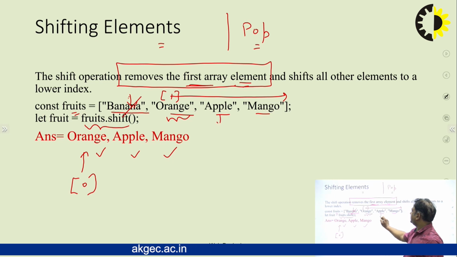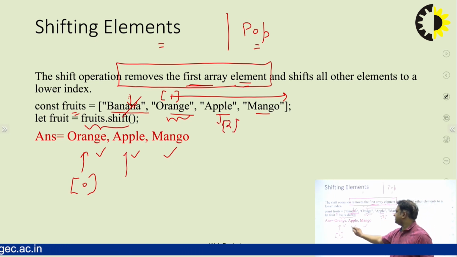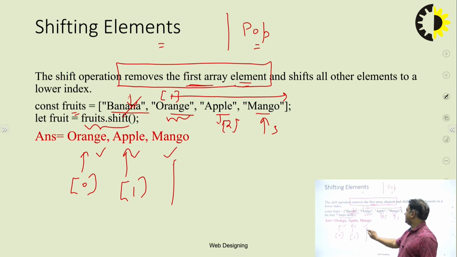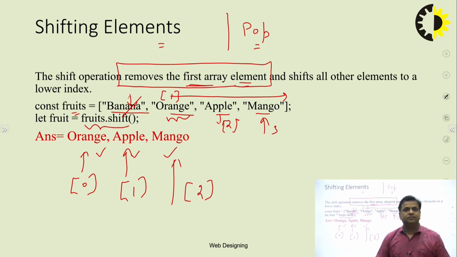Apple's index was 2, but now it is 1. Mango's index was 3, but now it is 2. So it removes the first element of the array, and all other elements' indexes are decreased by 1.